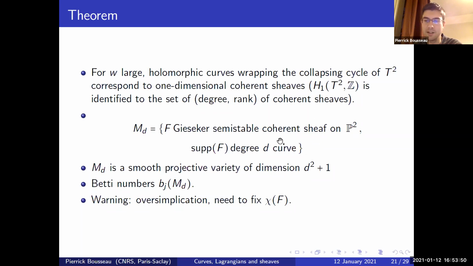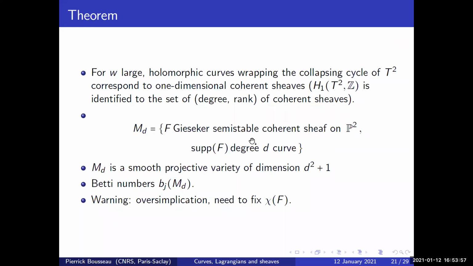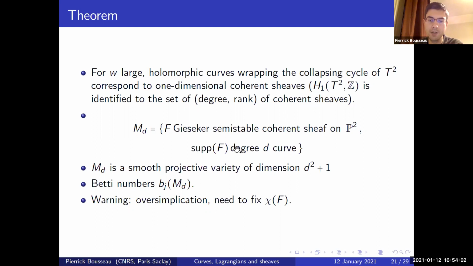But the argument I was talking about previously breaks only in this very specific case. So what I'm looking at here are sheaves supported on degree D curves. If D is non-zero, then the moduli spaces of such semi-stable objects on P2 or local P2 are the same.